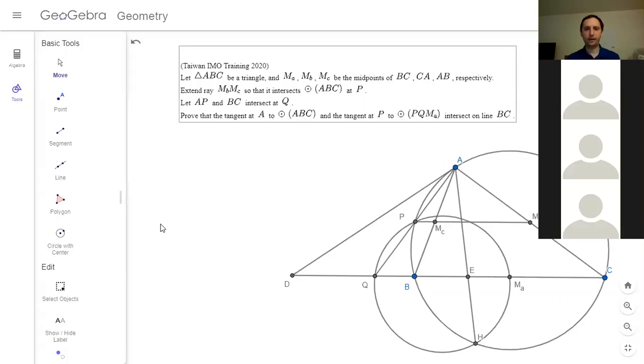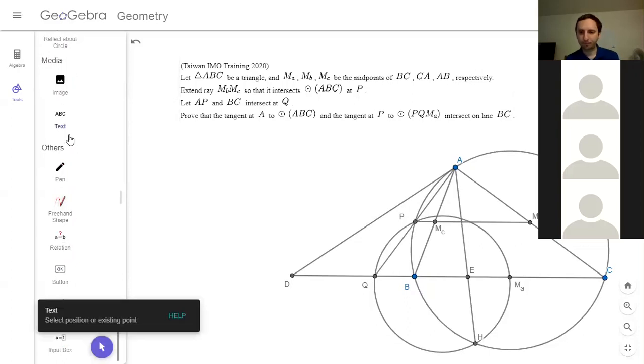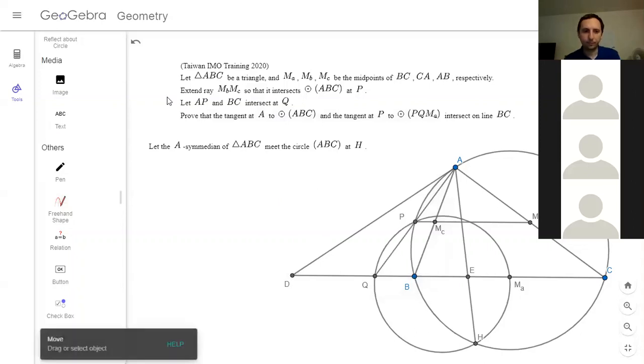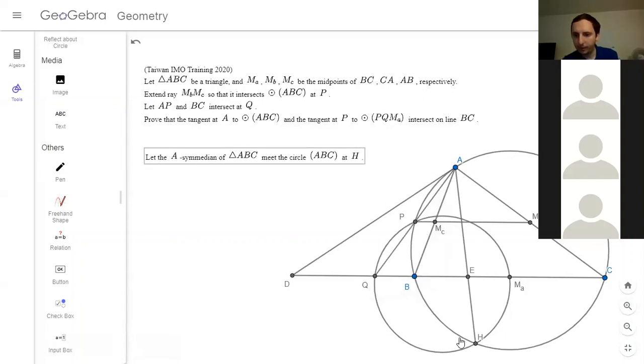So let the symmedian of triangle ABC meet the circumcircle at H. And then from what Sir Gar said, we have angle PHMA.